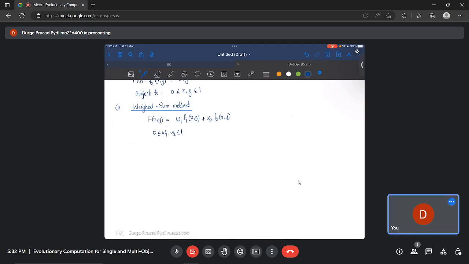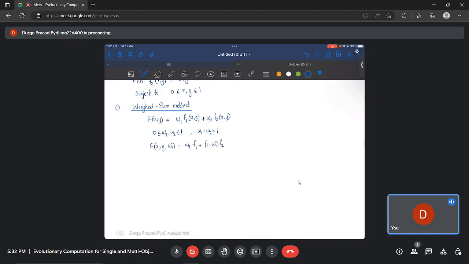This w1 and w2 should be within the range 0, 1, and we also have an additional constraint, which is w1 plus w2 should be equal to 1. So we can write this as f of x comma y comma w1 is essentially w1 times f1 plus 1 minus w1 times f2.